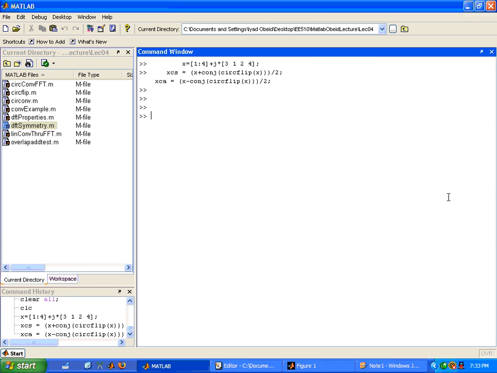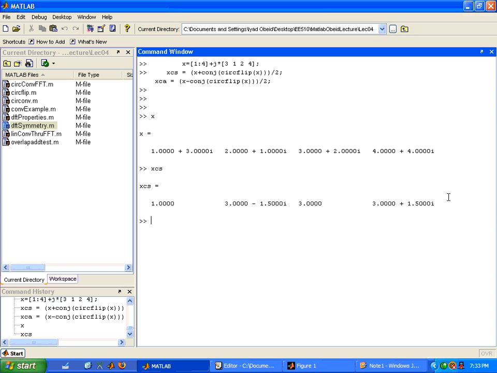So here is x conjugate symmetric, and x conjugate anti-symmetric. If we just look at these for a second, this is kind of cool because it gives you an opportunity to think about what conjugate symmetric looks like and what conjugate anti-symmetric looks like. For the conjugate symmetric, first we have the 0th element.